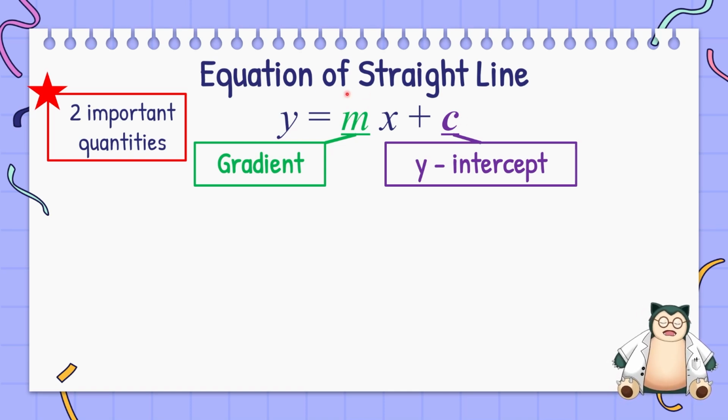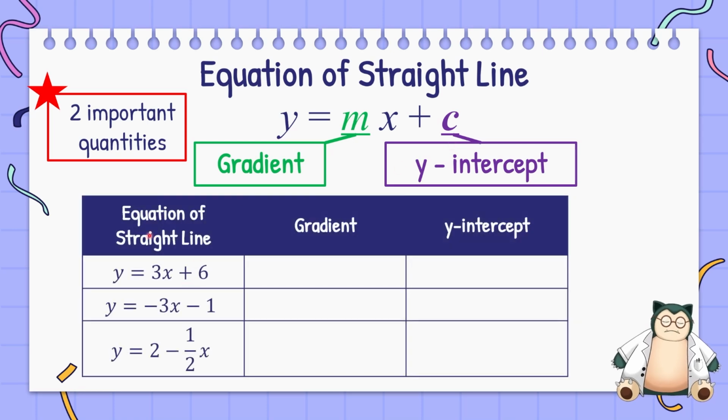Using these two pieces of information, m and c, if I were to give you some equation of a straight line, are you able to calculate the gradient and the y-intercept just by looking at the equation alone, without having to look at the graph? It is possible, right? This is what we call pattern recognition, finding the patterns of the gradient and y-intercept from the equation of a straight line.